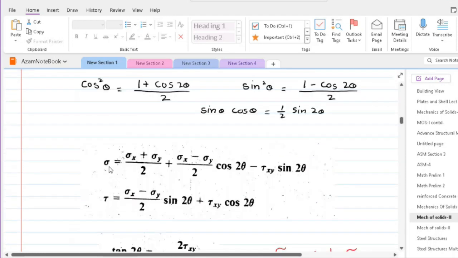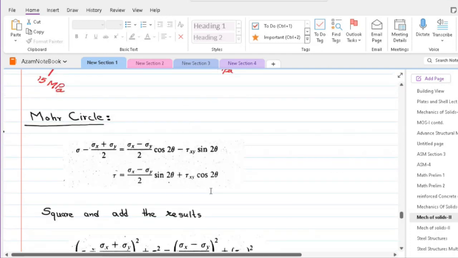The stress and the shear expressions were derived in terms of 2 theta earlier. The main idea was to bring the terms without the thetas to the left and keep the terms with thetas to the right.